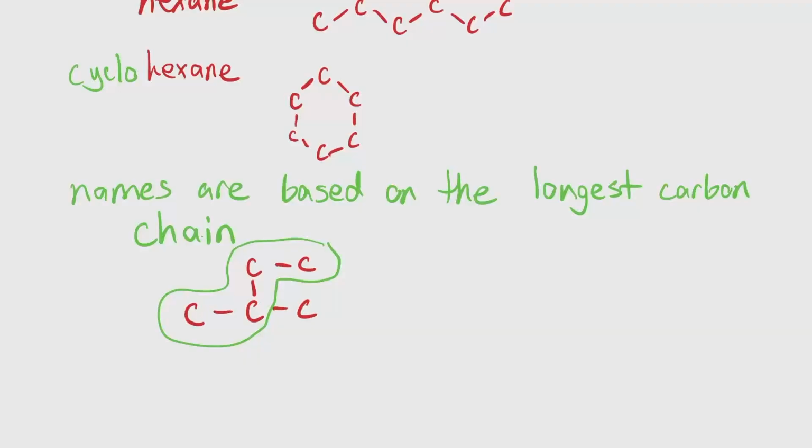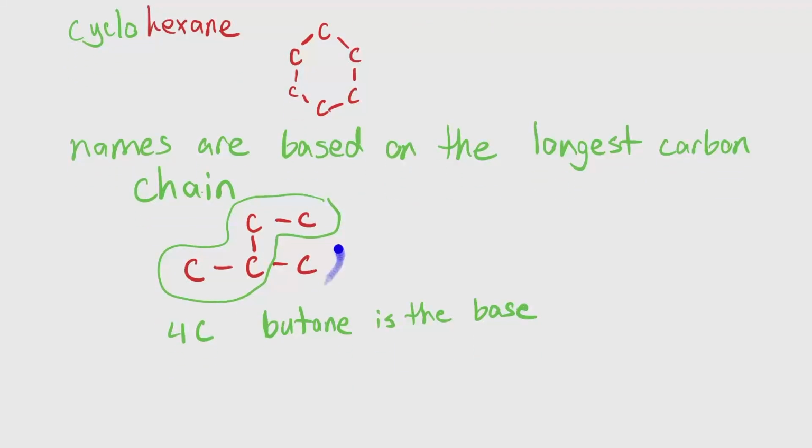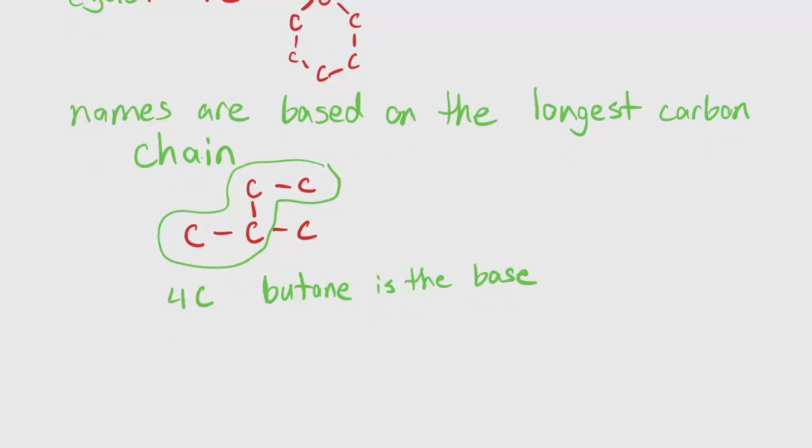So in the nomenclature worksheet, there's several branched examples with alkanes. You have to count out, figure out what's the longest chain that I can make. So this is 4 carbons, so this would be some variant of butane. So butane is the base, and then the way that we name these extra bits that are attached on is we have to first specify where they're located.